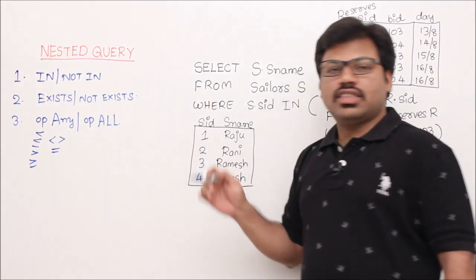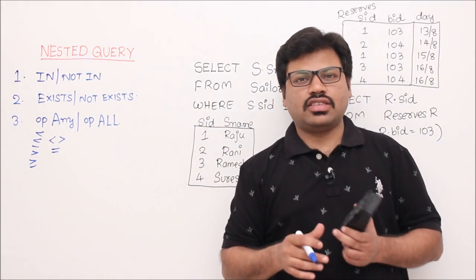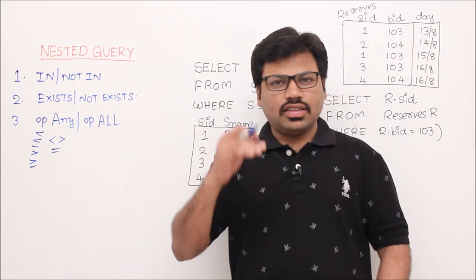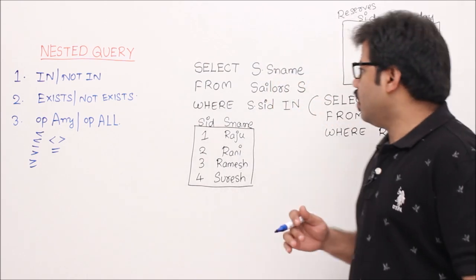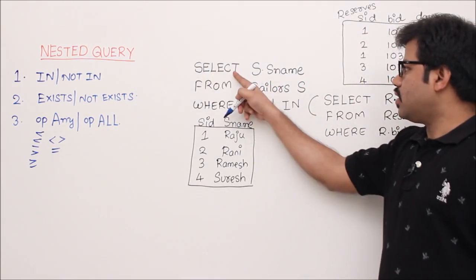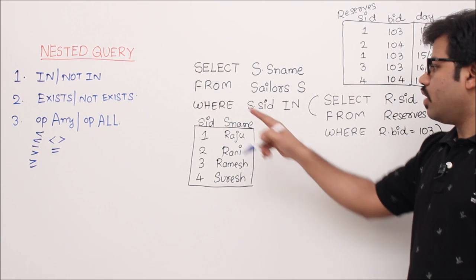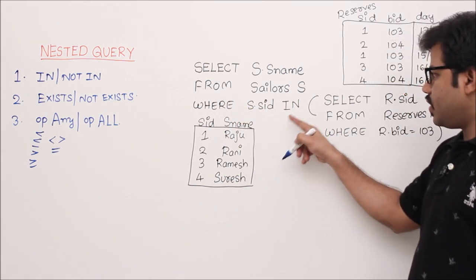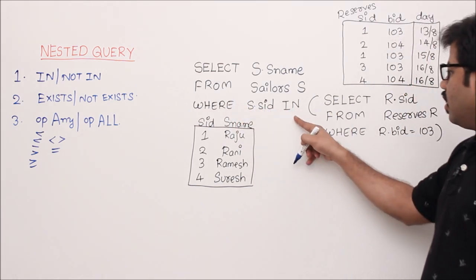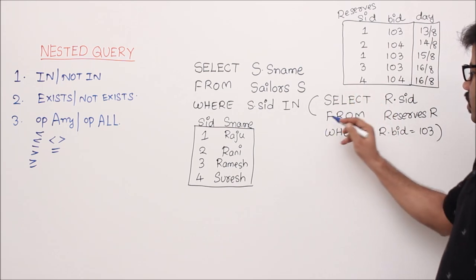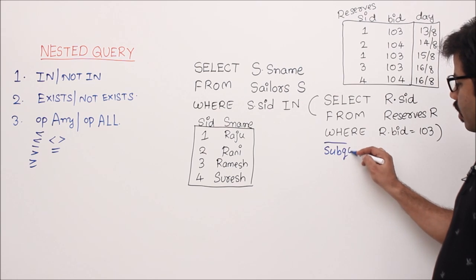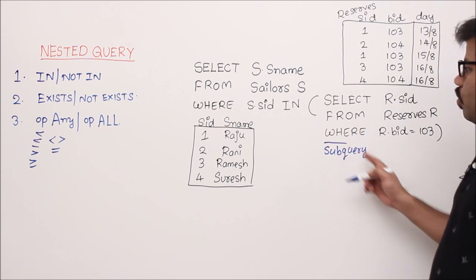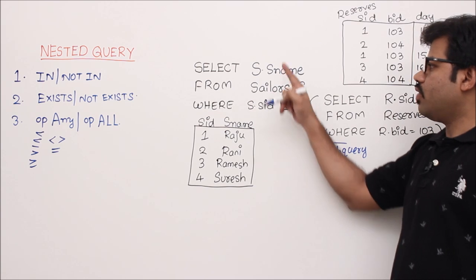Whenever we write a nested query, the idea is that we write a query first, and then within that query we write another query. This is the usual query: select from where. In the where condition, I have introduced a new query. This is called a subquery. This subquery should be evaluated to evaluate the where condition of the outer query.